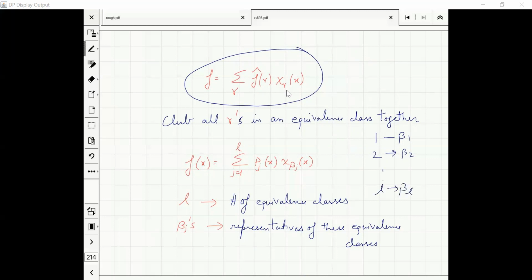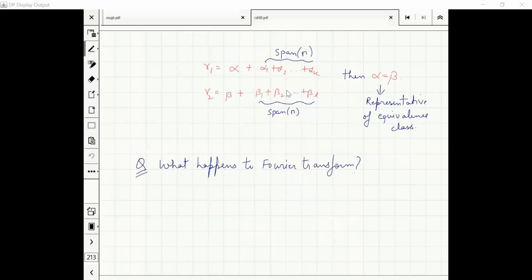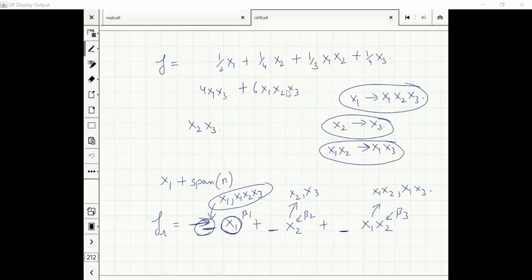Remember here, this pj of x is still a polynomial. So in this case, what will be my polynomial? It will be half plus 6x2. I have just clubbed both the coefficients of x1 and x1, x2, x3.